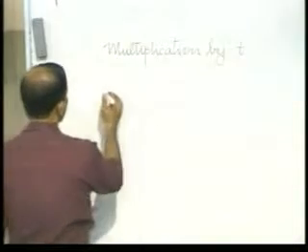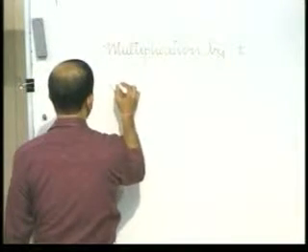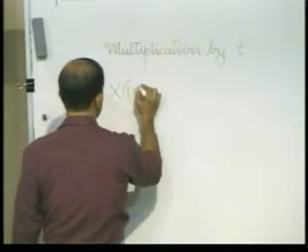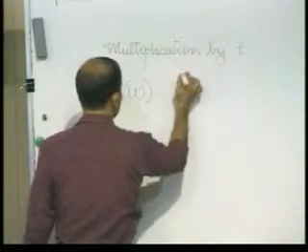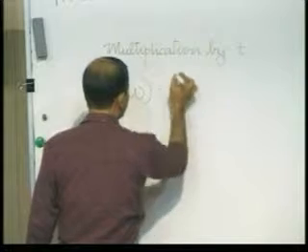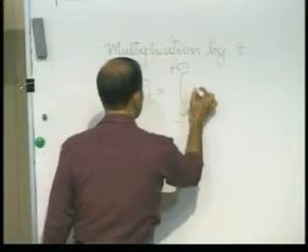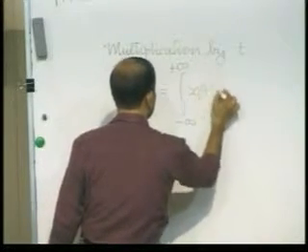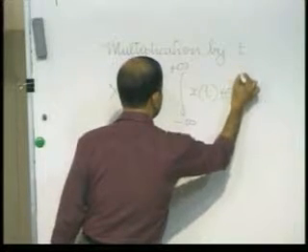In fact, here we shall make use of the Fourier transform relationship. So, X of omega is integral minus infinity to plus infinity x of t e raised to the power minus j omega t dt.